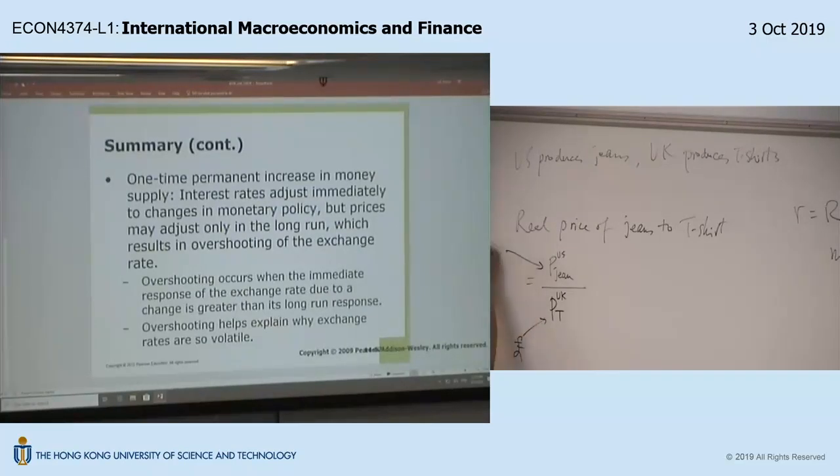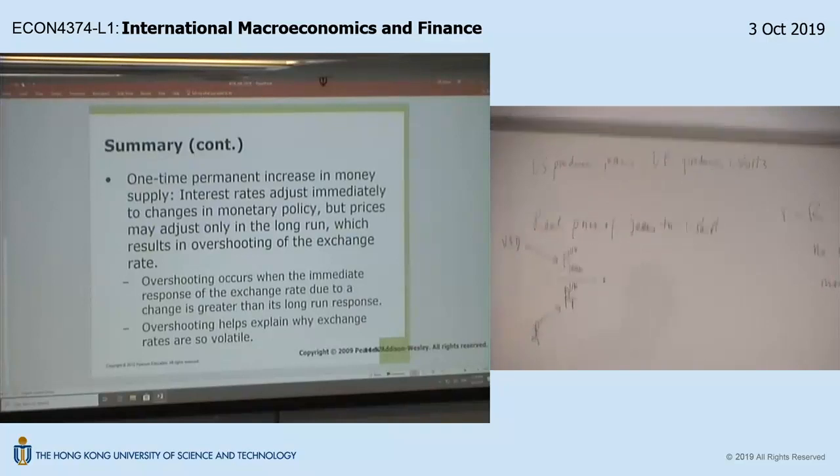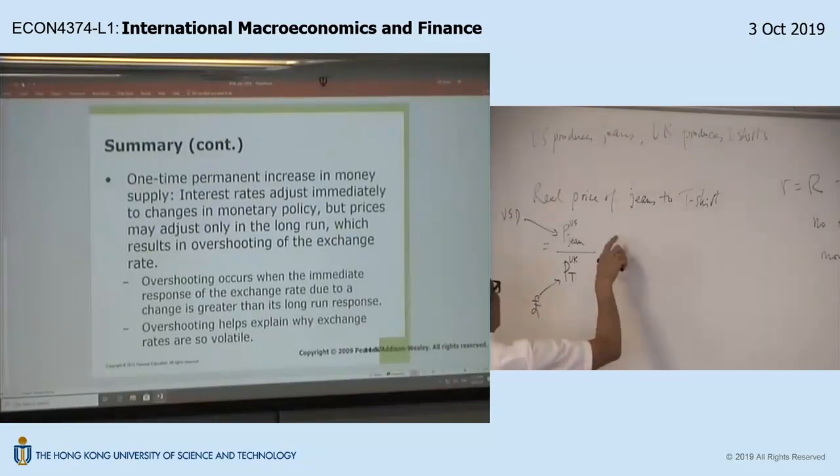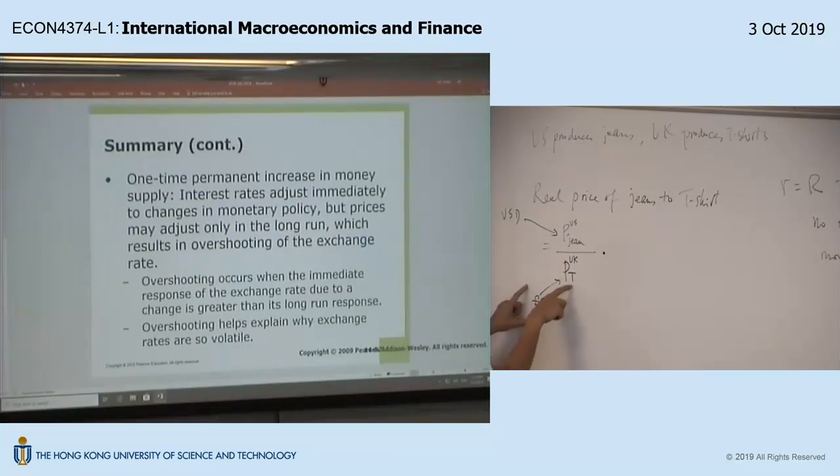This price is expressed in U.S. dollar. So you have to multiply, you have to change this into the U.S. price, right? So what is the U.S. price of this guy?